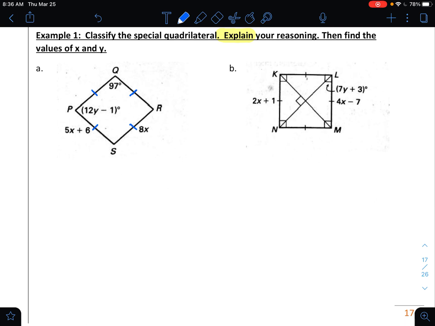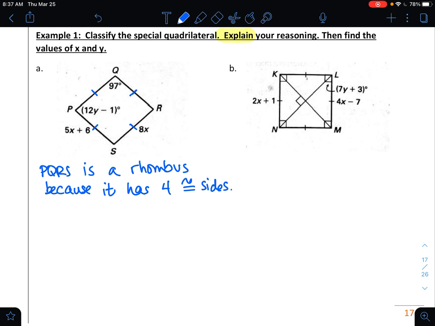My explanation is: PQRS is a rhombus because it has, and I'm going to abbreviate, four congruent sides. So there's my classification: it's a rhombus. My explanation is that it has four equal sides, based on that corollary above.